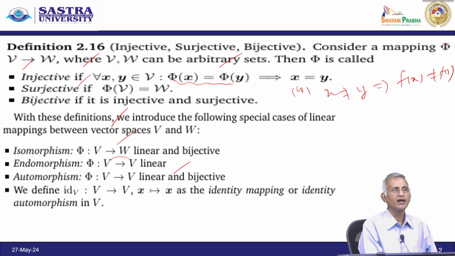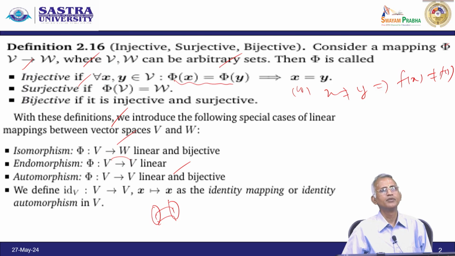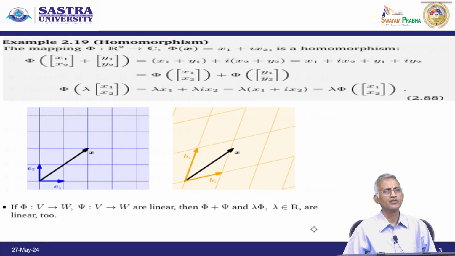So, we have the identity definition: 1 maps to 1, 2 maps to 2, the same element reflected from domain to codomain, then it is the identity mapping or identity automorphism. So, keep the definitions in mind so that we can understand the beauty of linear mapping or linear transformation in terms of vector spaces.